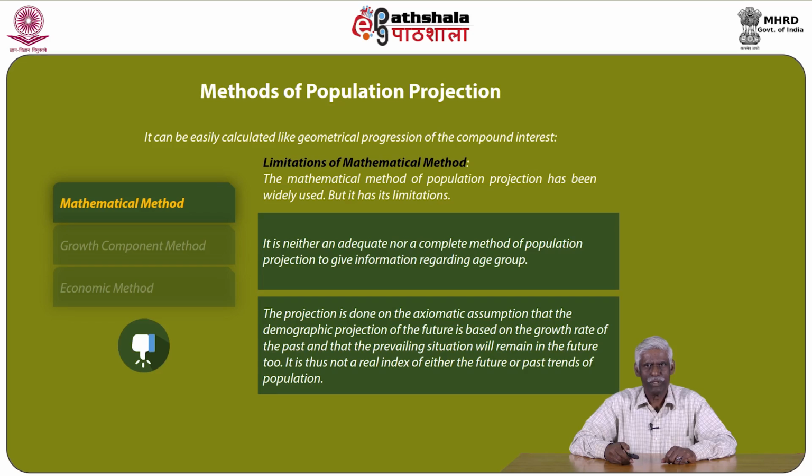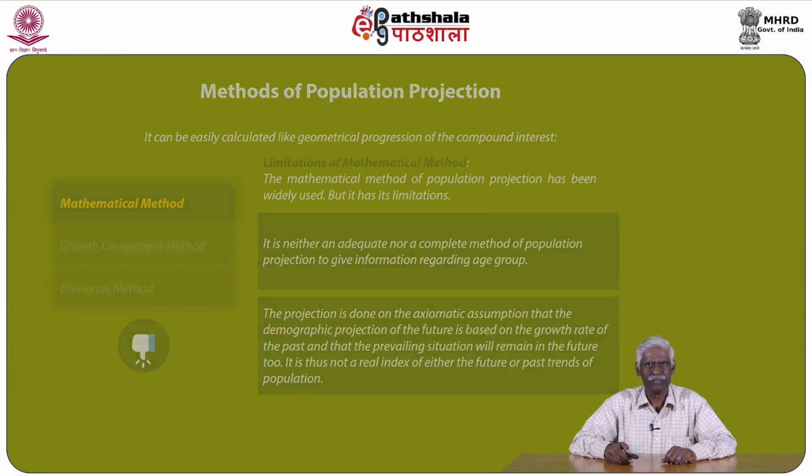Number 2, the projection is done on the axiomatic assumption that the demographic projection of the future is based on the growth rate of the past and that the prevailing situation will remain in the future too. It is thus not a real index of either the future or past trends of population.